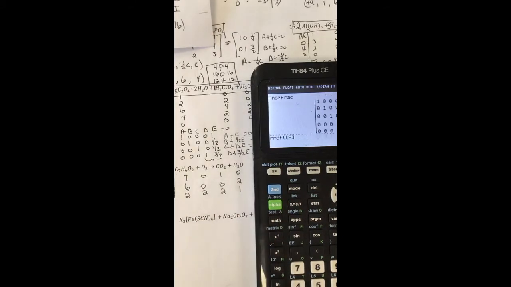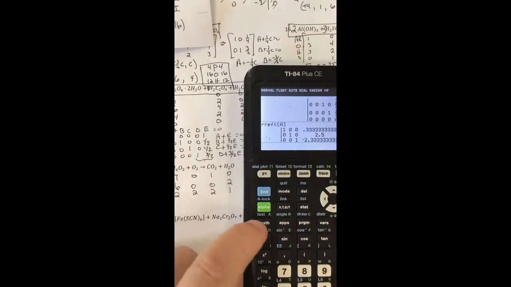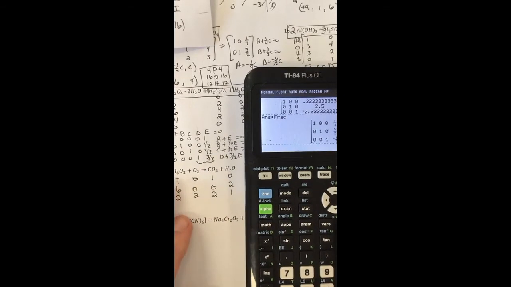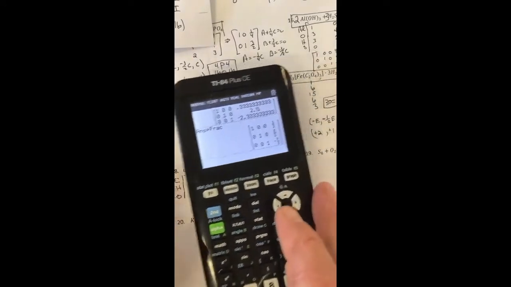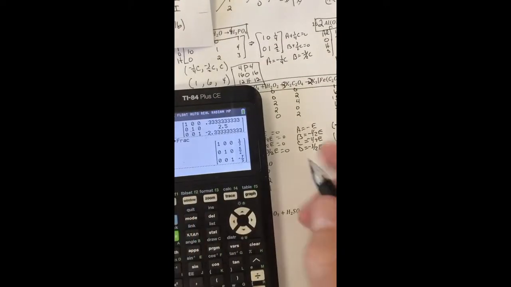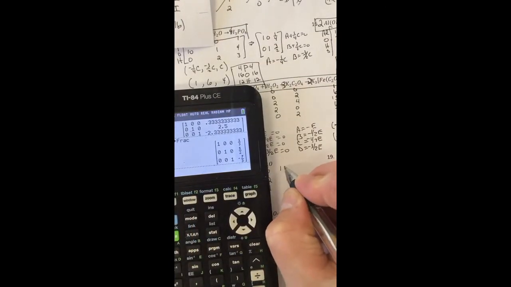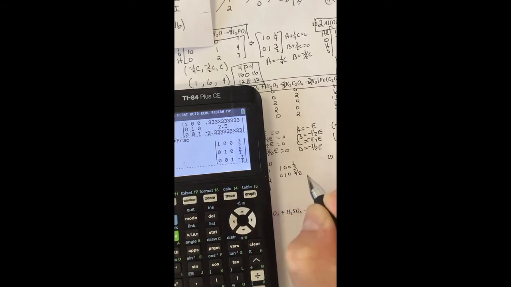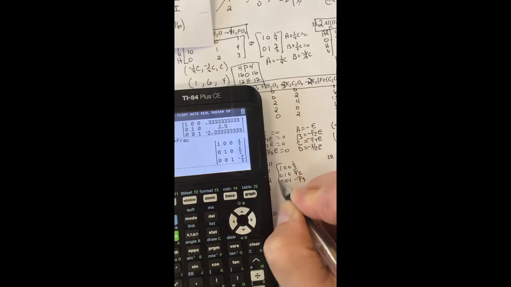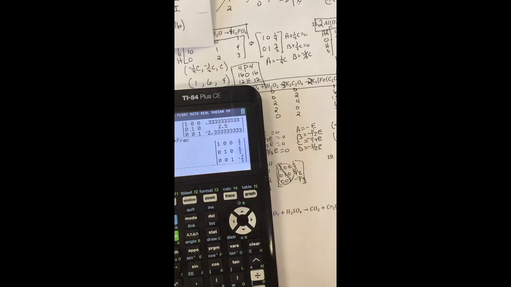Okay, reduced row echelon form as a fraction. Okay, there we have it. So I've got 1 0 0 1/3, 0 1 0 5 halves, and 0 0 1 -7/3. So there's the row echelon diagonal.